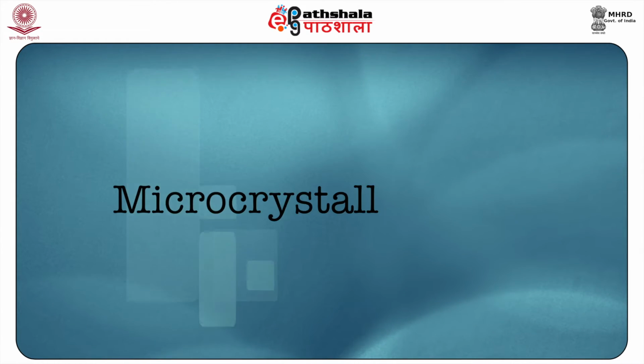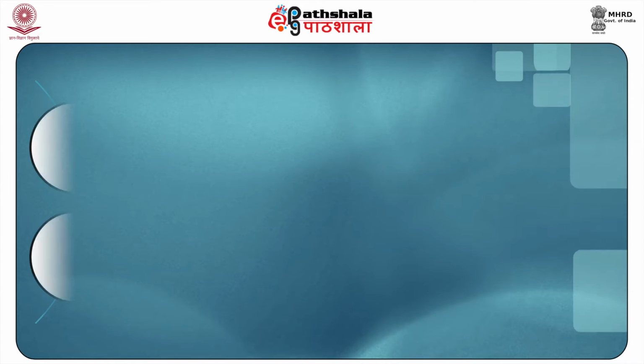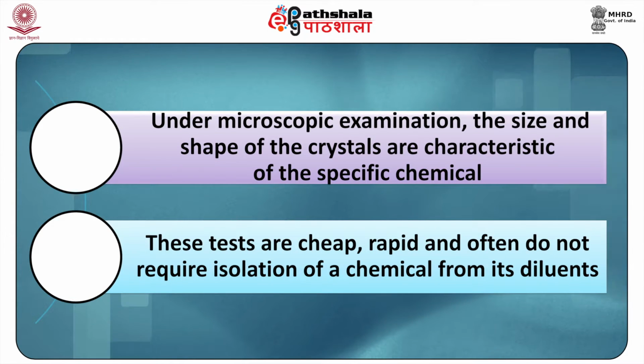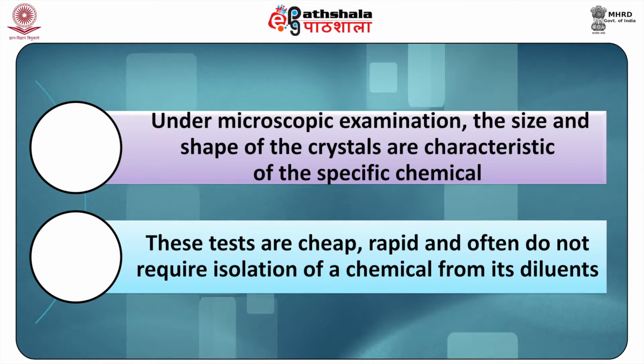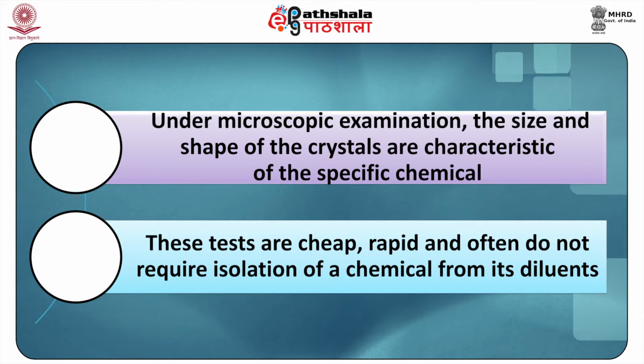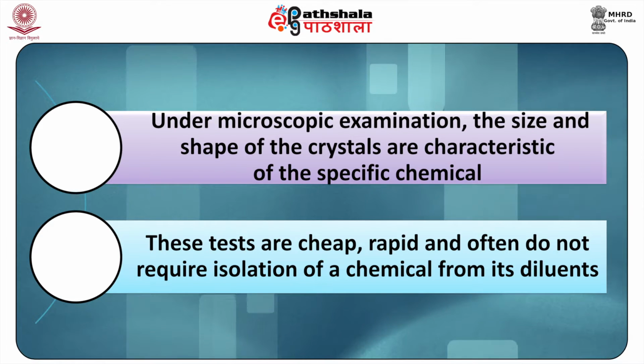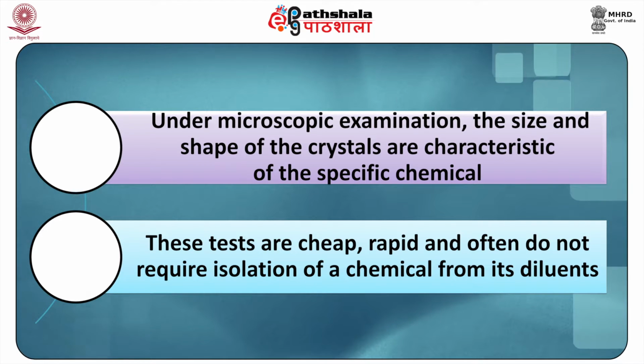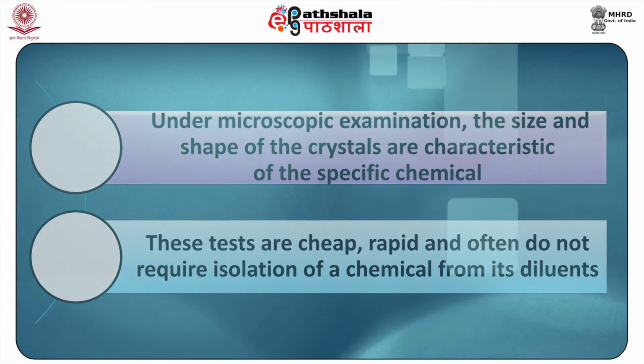Now, the microcrystalline test. A technique considerably more specific than the color test is the microcrystalline test. Under microscopic examination, the size and shape of the crystals are characteristic of this specific chemical. These tests are cheap, rapid, and often do not require isolation of a chemical from its diluents.